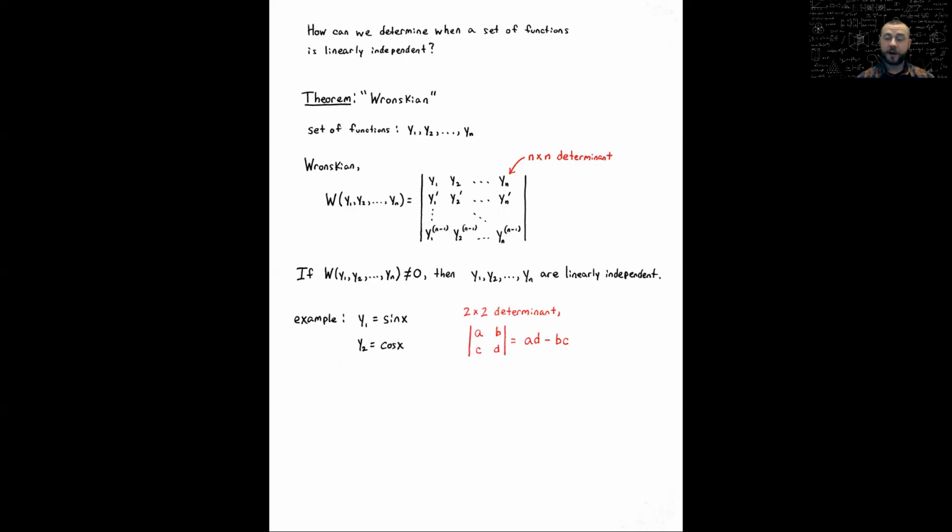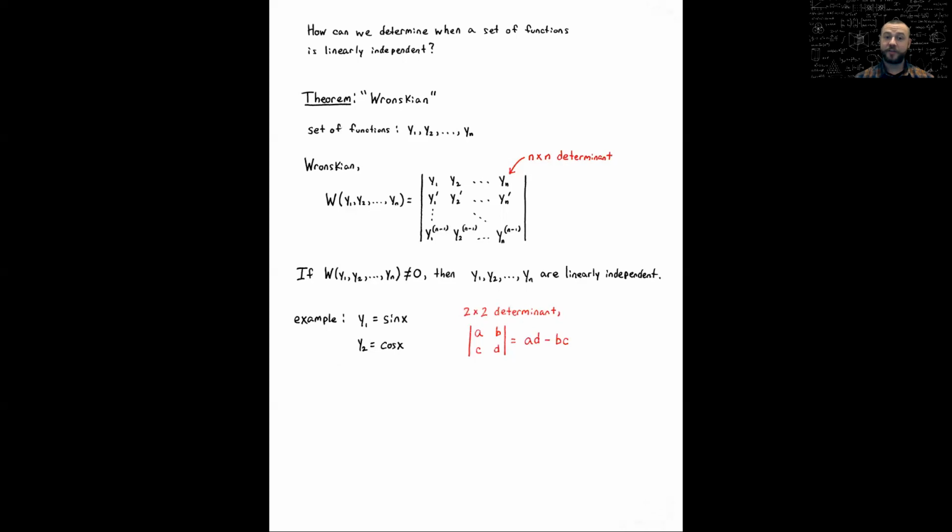All right, off to the right there, we have the simple formula for a 2x2 determinant. Comes out with your entries there, A, B, C, and D, arranged in those rows and columns. The determinant is basically the difference of the diagonals, or the product of the diagonals, AD minus BC.